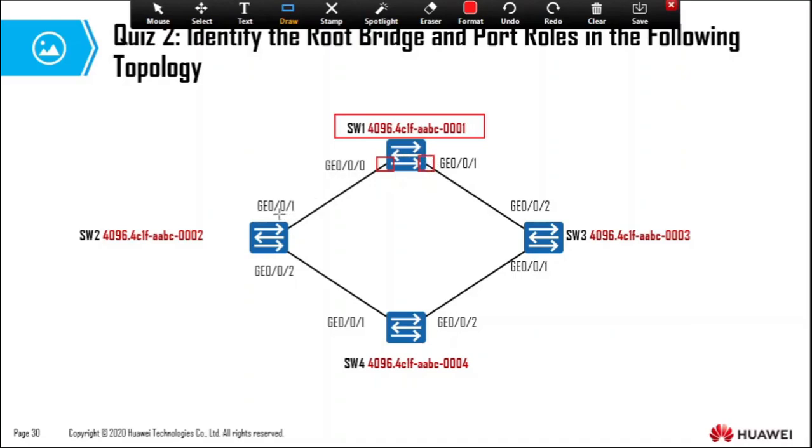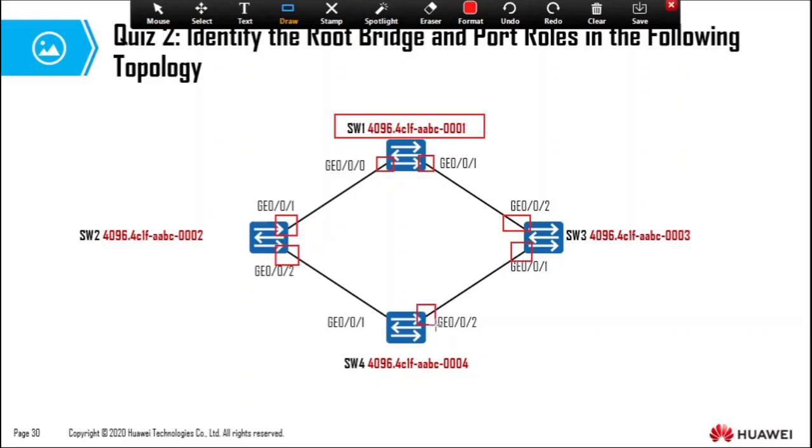This port on switch 2, root port, right? Good. This port on switch 3, root port, right? Okay. This port on switch 2, designated. This port on switch 3, designated.